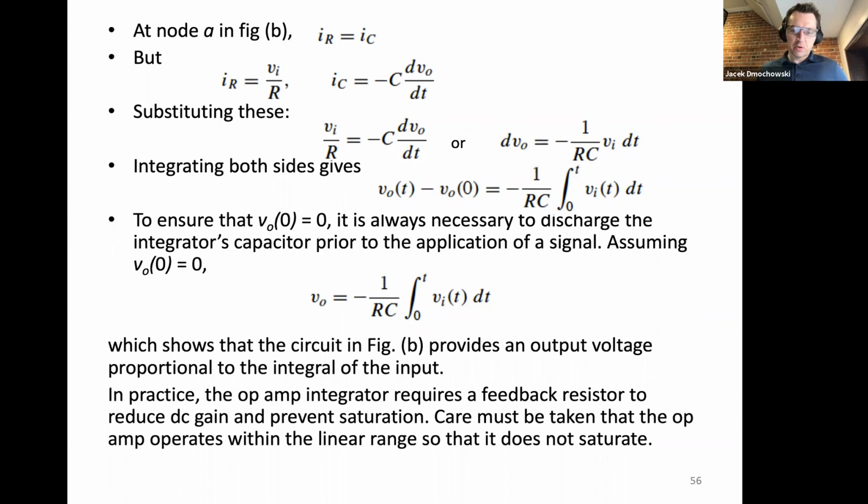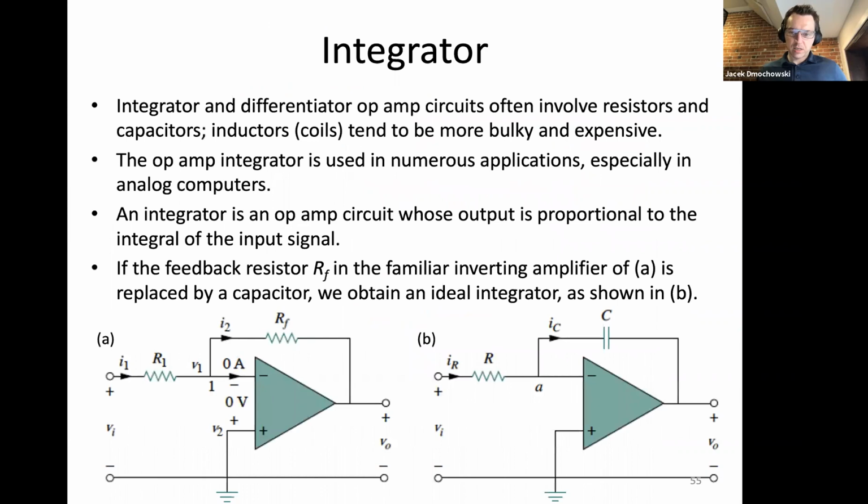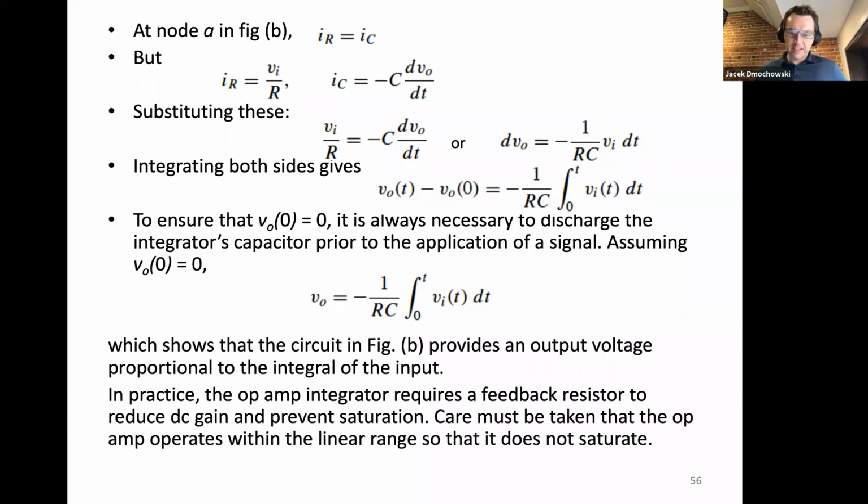Generally we will also have a resistor over here. We don't include that here because it makes the analysis of this circuit a little bit more involved, but the principle is the same. If you put your capacitor on the feedback loop, you end up integrating the input voltage.